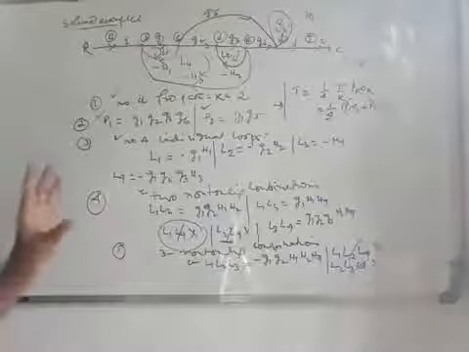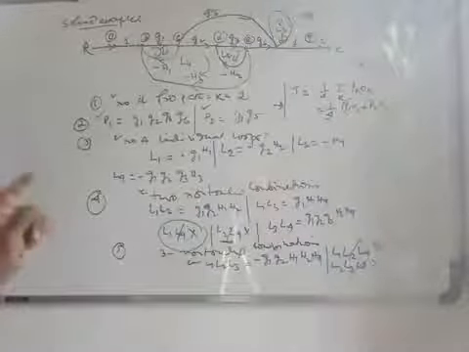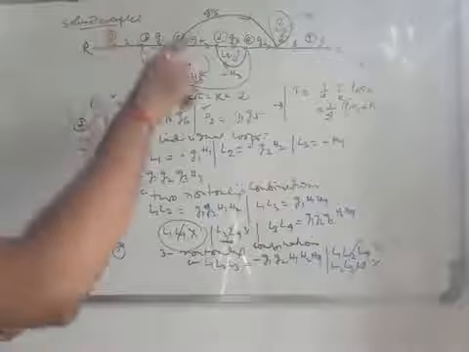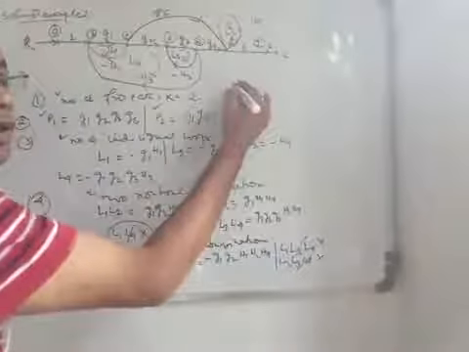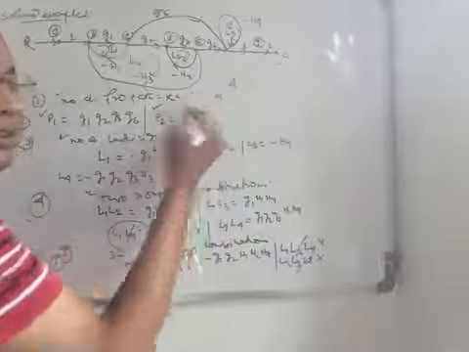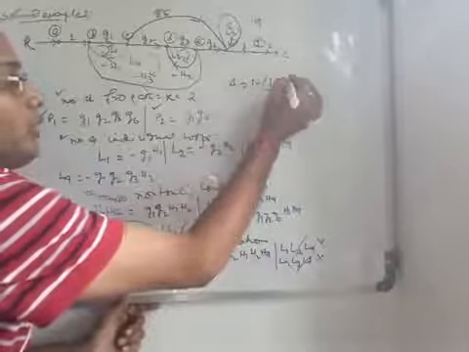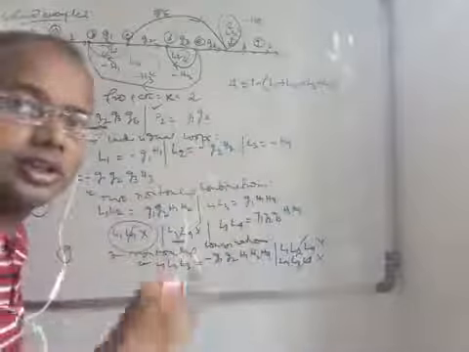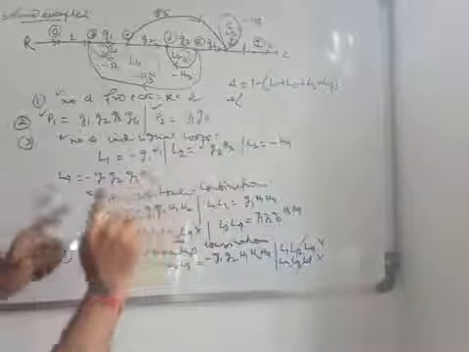Once we get all these values, what you have to find out next is the value of delta, right? So we will write the value of delta here. Delta is equal to 1 minus L1 plus L2 plus L3 plus L4, the loop gains of all individual loops, plus all possible combinations of two non-touching loops.